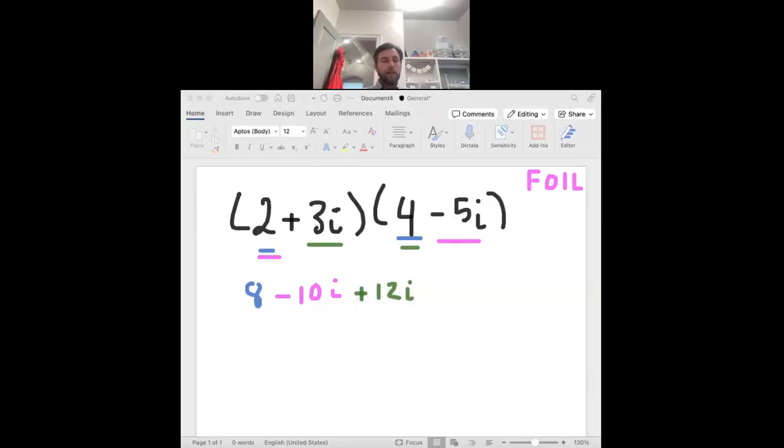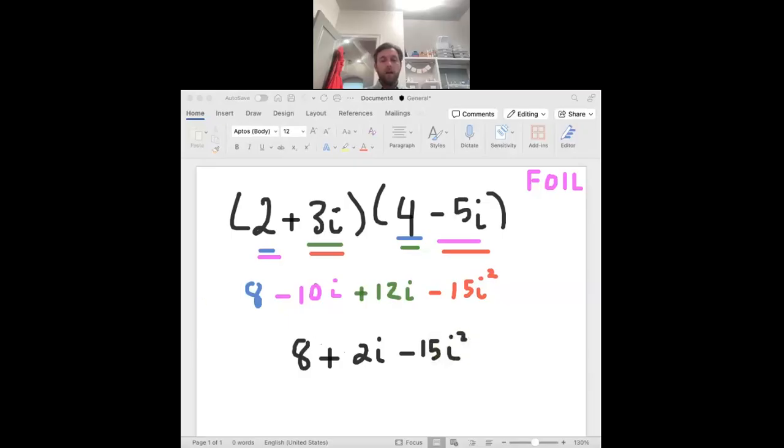And then last, 3i times negative 5i, which is negative 15i squared, sorry, I must have made a mistake there. So now we're going to combine like terms. My like terms in the middle, minus 10i plus 12i gives me a positive 2i. So bring down the 8, combine the like terms to get 2i, and then minus 15i squared.